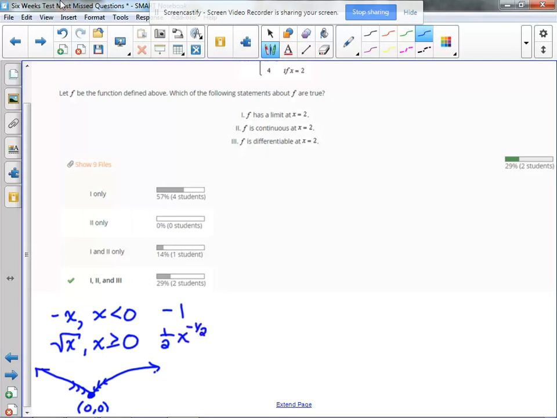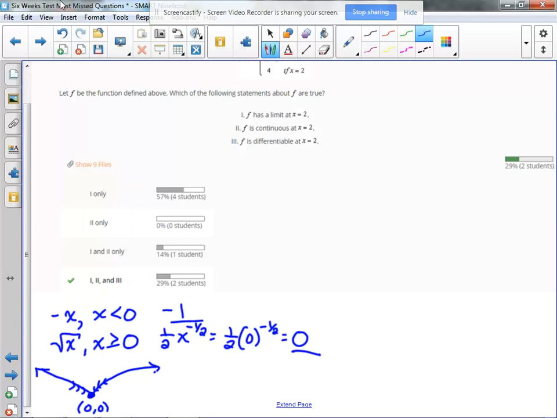I want to know the derivative at 0, so I plug in 0. So my derivative has two different values at 0. The left side has a derivative of -1, the right side has a derivative of +1. So it's like with limits, if your derivatives don't have the same value, then it's not differentiable.